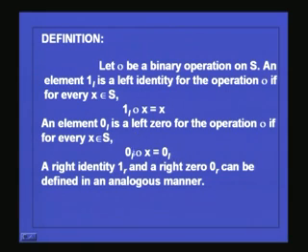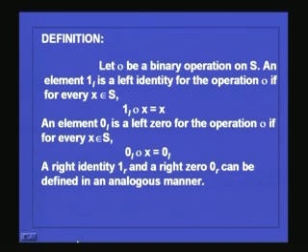Similarly, you can define right identity and right 0. When do you say something is a right identity? When you have x dot 1r is equal to x. When do you say something is a right 0? When x dot 0r is equal to 0r. So, in that case you call them right zeros and right identities.